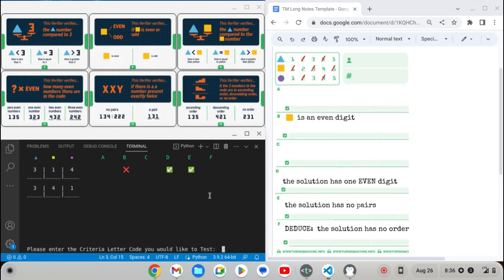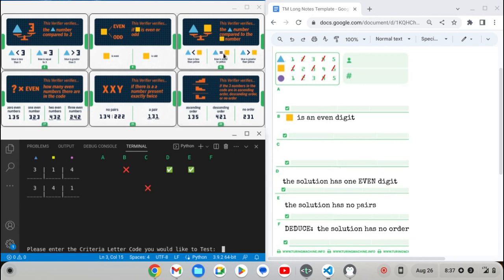The first thing I'm going to test is the comparison of triangle and square. So that's criteria card C. Okay, so it is incorrect. So it is not true that triangle is less than square.